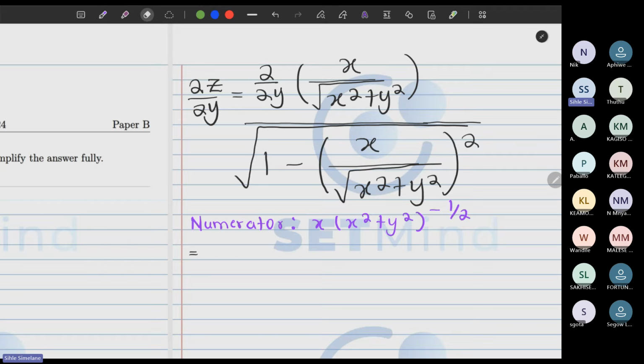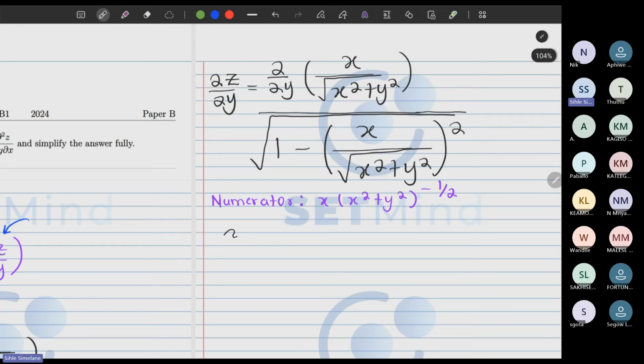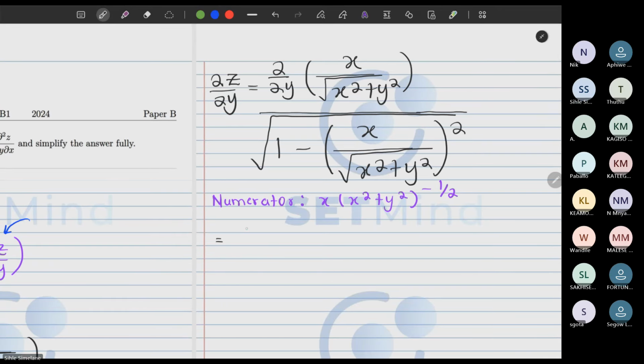I'll just say numerator here so that you understand what I did. Square root is to the power of negative a half when it's on the denominator. So if we derive that numerator, you will see that we'll get negative 1 over 2, and then times the x that is here, and then x squared plus y squared, and then minus 1, this becomes negative 3 over 2. By chain rule, we should multiply by the partial derivative of what is inside, which is going to end up giving us 2y.